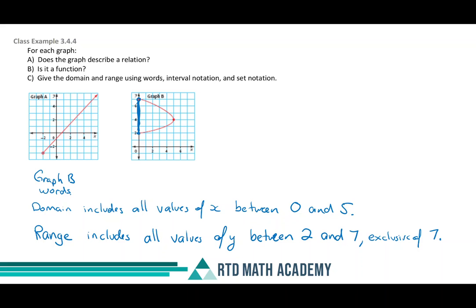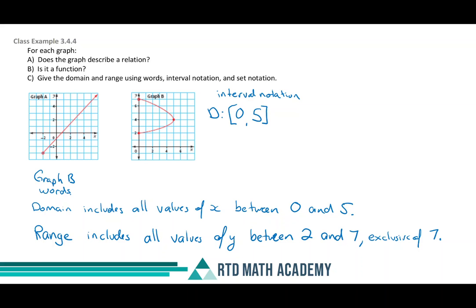Okay, so let's talk about this in interval notation. I'm going to start with the domain. Domain, we had including the 0 and all the way up to the 5. So we're actually going to start at the smallest number, go to the largest number. Because there were closed dots on 0 and 5, I'm going to keep square brackets around both.